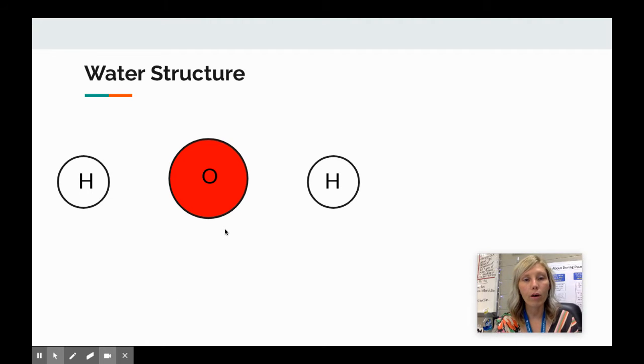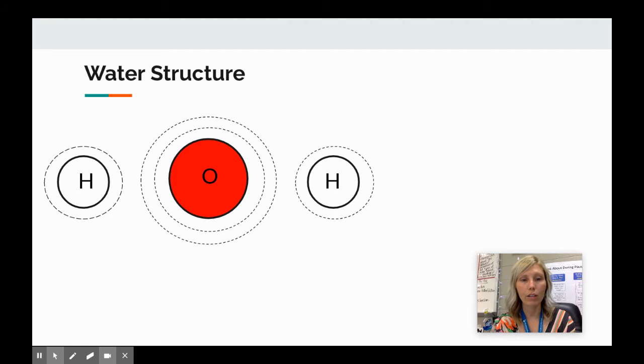If I break it apart further and show that there is 1 oxygen, 2 hydrogen atoms, I know that every single atom of every element has what we call subatomic particles. So that can include protons, neutrons, and electrons. And I'm going to focus specifically on the electrons. The electrons are found in this outermost energy level, and they are in constant motion.